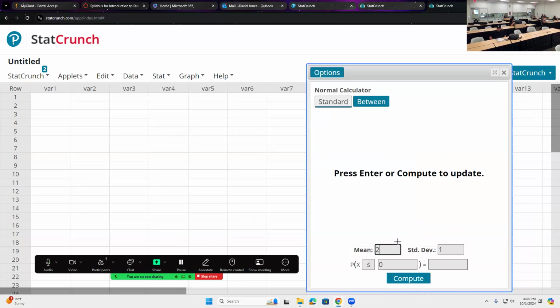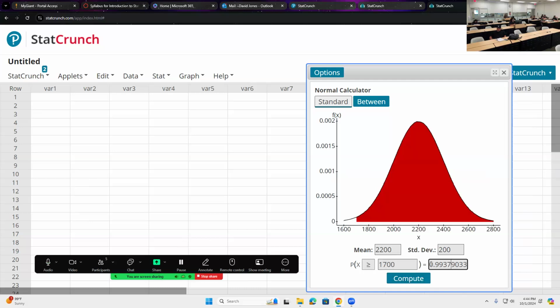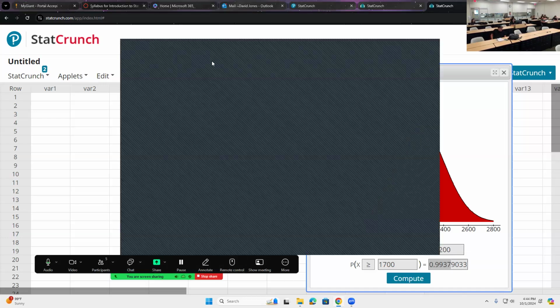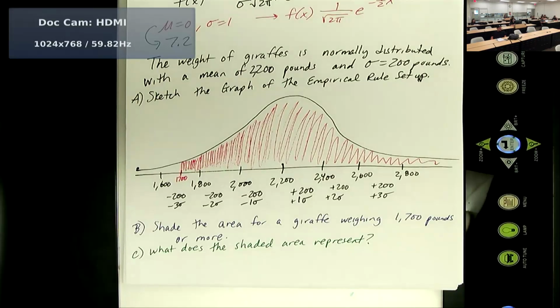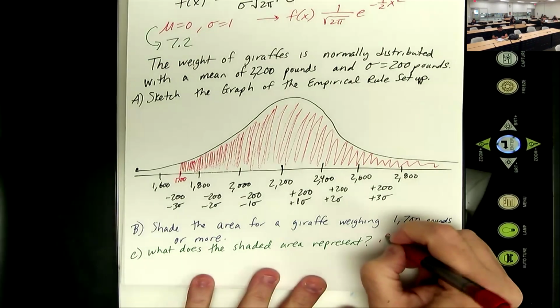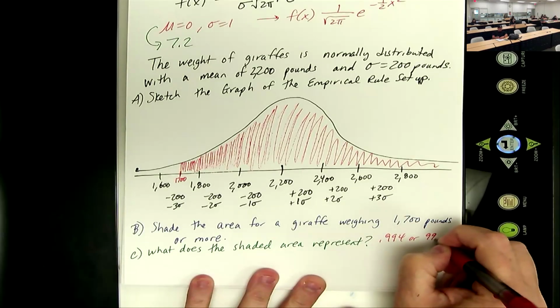I'll put in my 2,200, I'll put in my 200, and I'll say greater than 1,700. 0.9938. Let's just do 0.994. So 0.994. I'll go back over to what we're looking at. So we saw this is 0.994 or 99.4%.